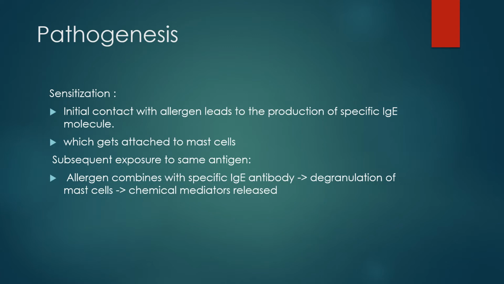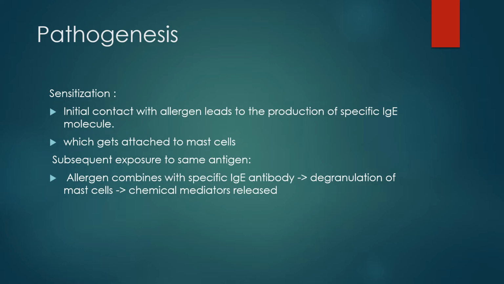Let us discuss the pathogenesis. On inhalation of an allergen, there is production of a specific IgE antibody. Now, this IgE antibody goes and attaches to the mast cell by its Fc end. On subsequent exposure to this allergen, the antigen combines with the IgE antibody at its Fab end.